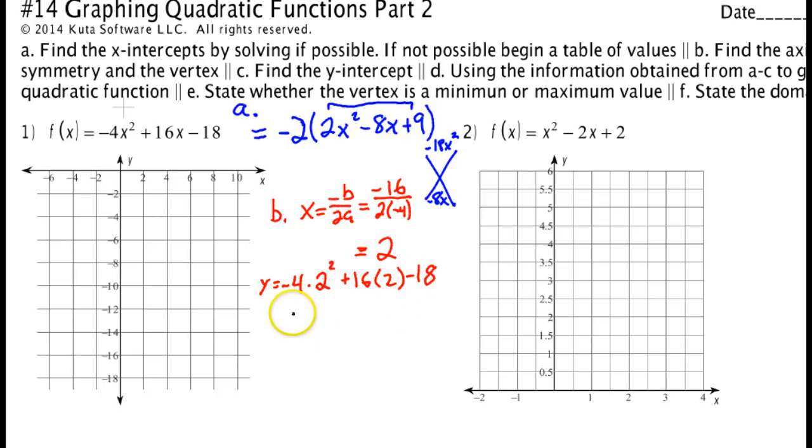So what does this all come out to be? -16, 32 minus 18. -2. So my vertex is at 2, -2.